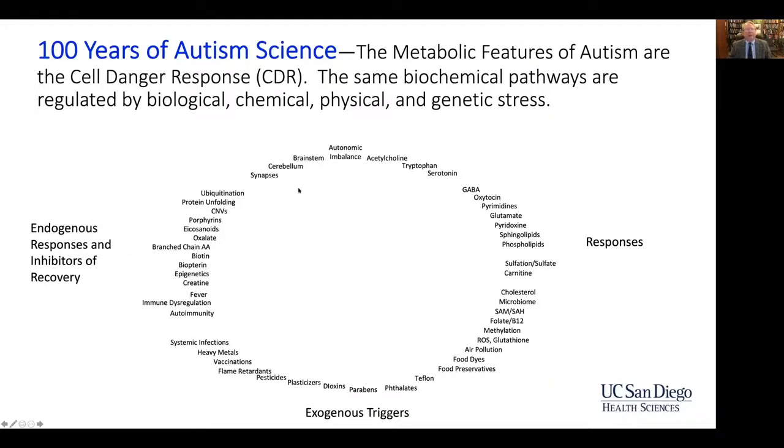So over the past 100 years, the metabolic features of autism have been found to be the cell danger response, and the same biochemical pathways are regulated by biological, chemical, physical, and genetic stress.